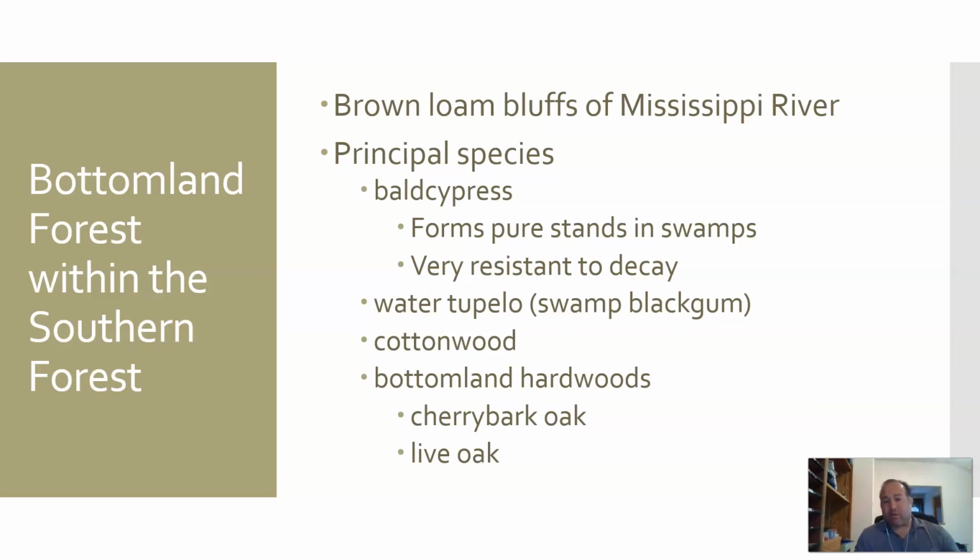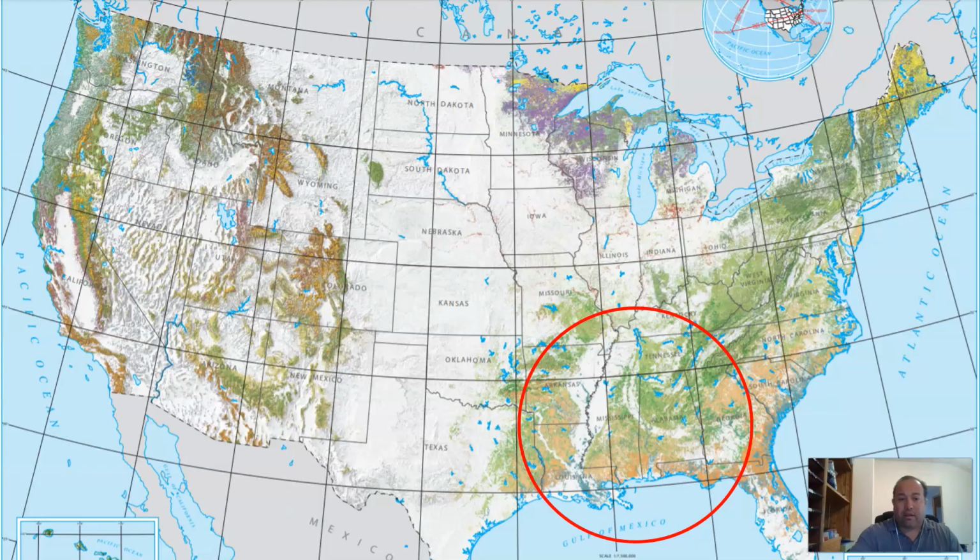Our principal species that we see in these areas: bald cypress, which is a conifer tree; water tupelo, another name for water tupelo is swamp black gum, which is a hardwood tree; cottonwood trees, and then a lot of different species of bottomland hardwoods, but the ones we'll focus on are cherry bark oak and live oak. And so when we're talking about the bottomland hardwood forest, we're really talking about this area.